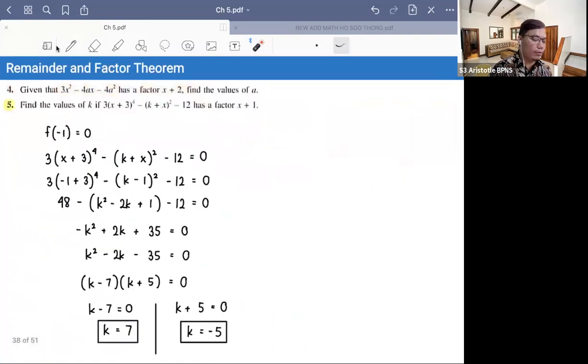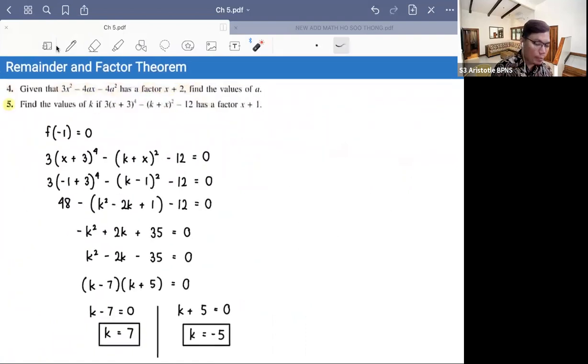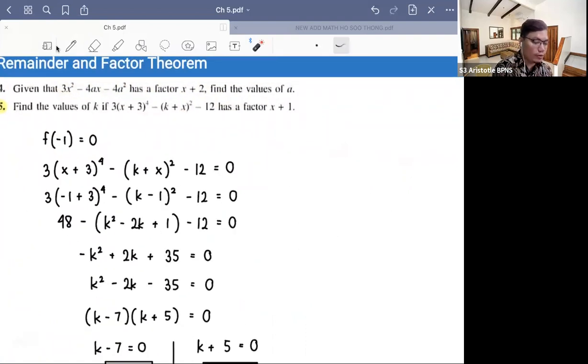For number 5. Okay, again, your function is x plus 1, so therefore it is f of negative 1, and then it is equal to 0, because when you say a factor, that means it's exactly divisible. So that's why these are equal to 0.